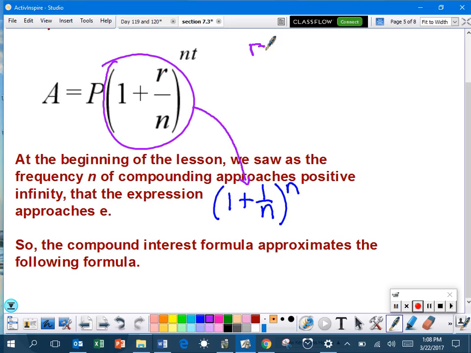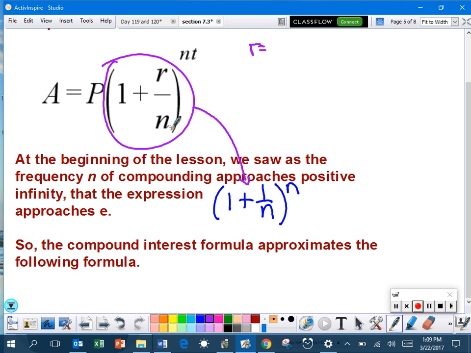Think about R. R is your rate. Okay? And the closer and closer R gets to 1, eventually it will become 1. Okay, that's why the R can be a 1. And then our N is how many times, and our N times T is how many times over those number of years. Okay? So the compound interest formula approaches that formula, 1 plus 1 over n to the n power.